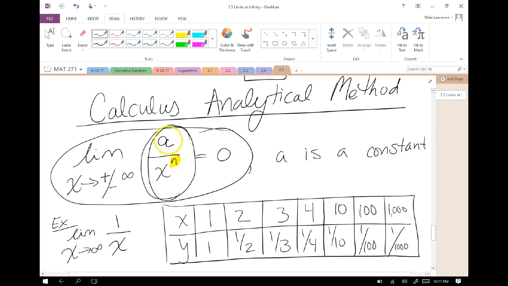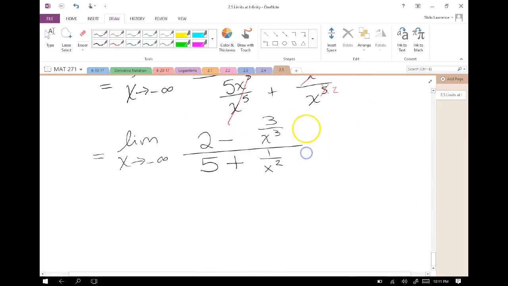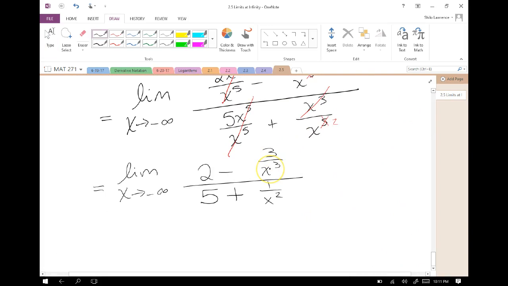So if any pieces left still have a constant over a variable, they're going to 0. We have 2 like that. 3 over x cubed is going to go to 0. 1 over x squared is going to go to 0. So what are we left with? If those 2 are going to 0, all we're left with is those 2 front numbers, 2/5.